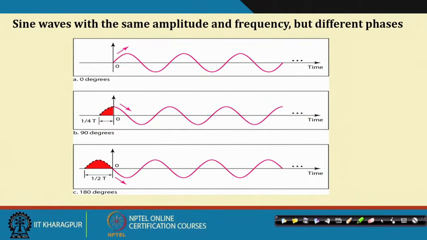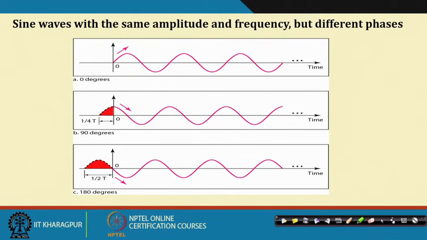In this case, sine waves with same amplitude and frequency, but with different phase. So, it is a different start time, right. Amplitude and frequency on these three waves are same, but they have different start times.